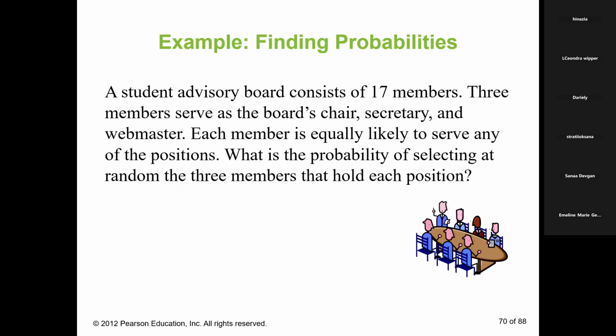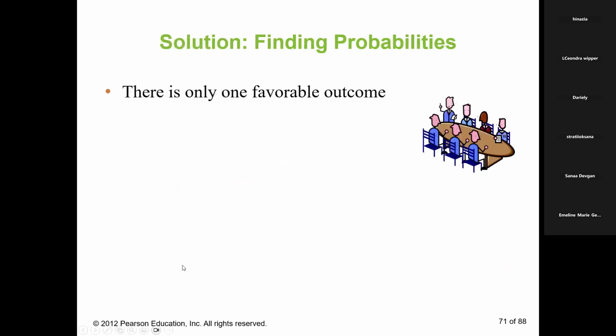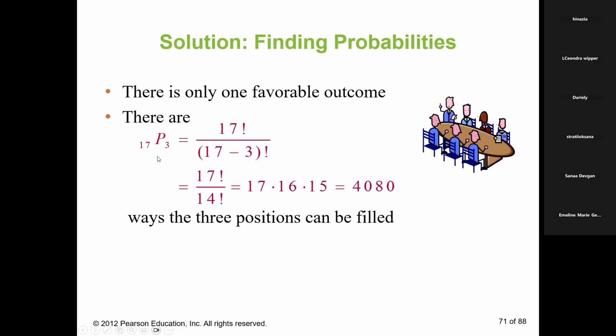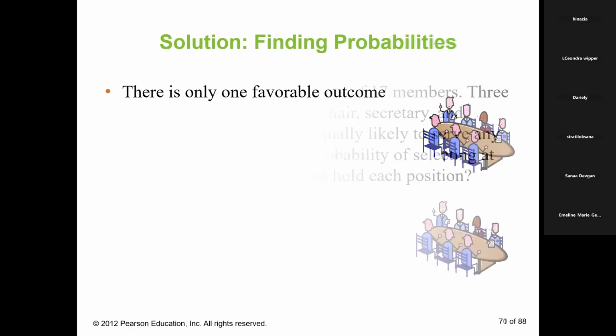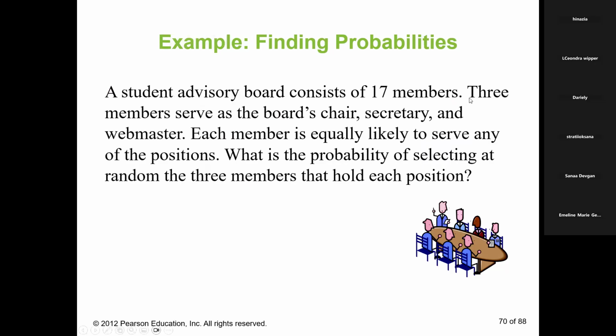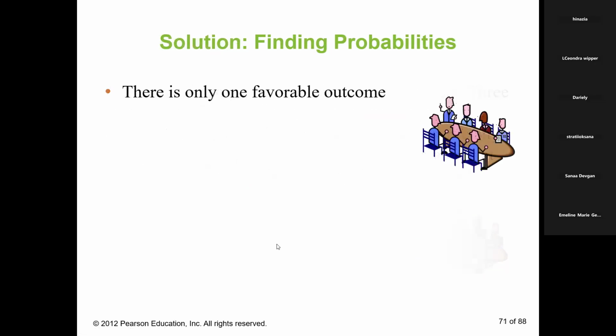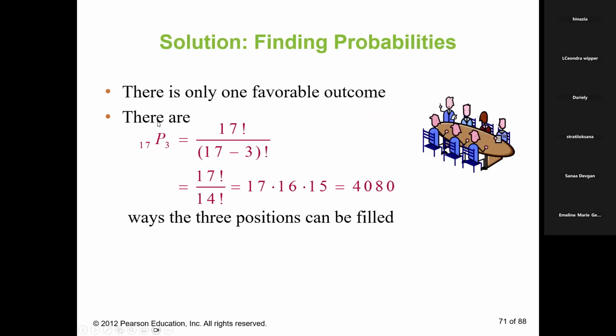Are we done? Yes. Okay. So there's only one favorable outcome here. So we got 17 members, 3 members serve. So that's a permutation here.